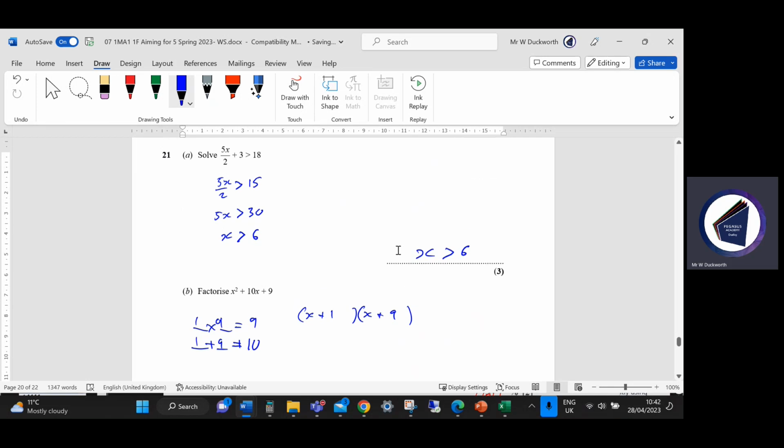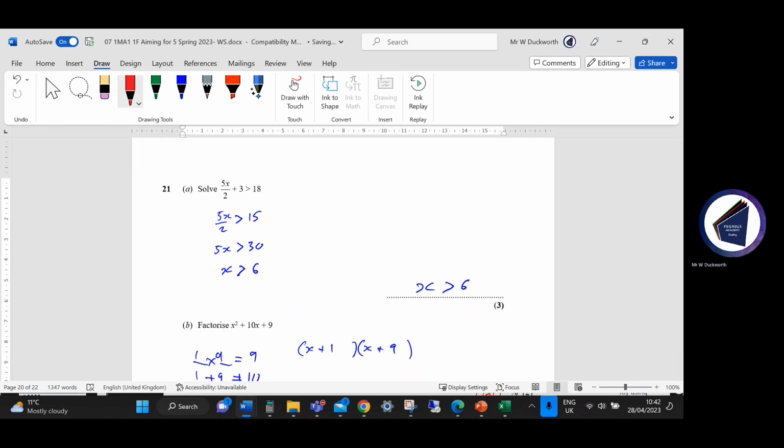So the mark scheme for 21. There we go, 3 marks. Okay, they've done it slightly differently. We'll go mark there, mark there, mark there.